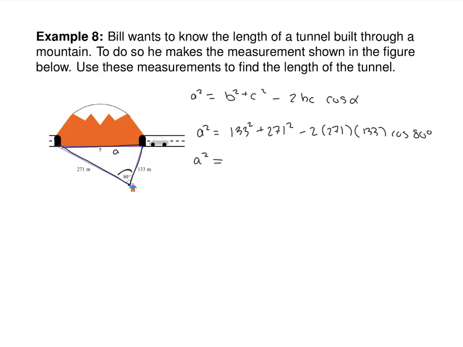And I'll just tell you what I got for A squared. I got A squared to be 7,847.3708. And then I got A was 280.2.